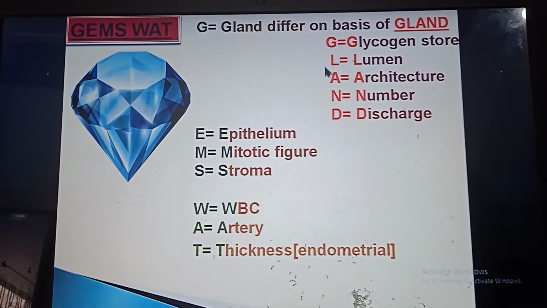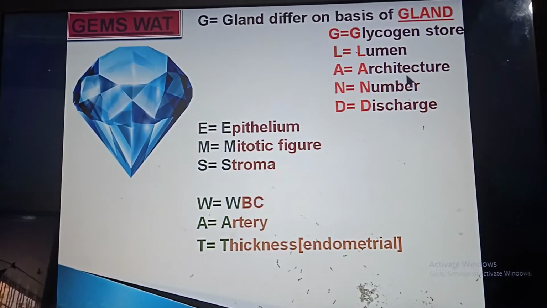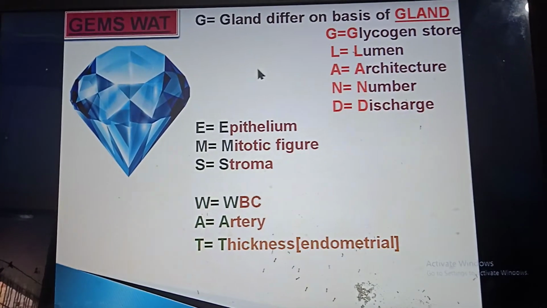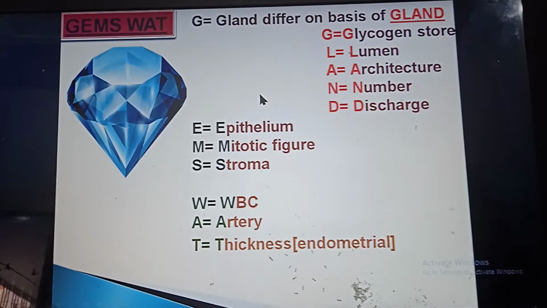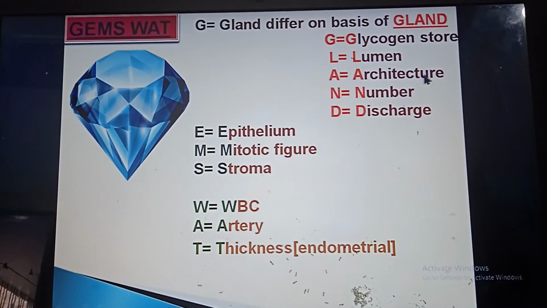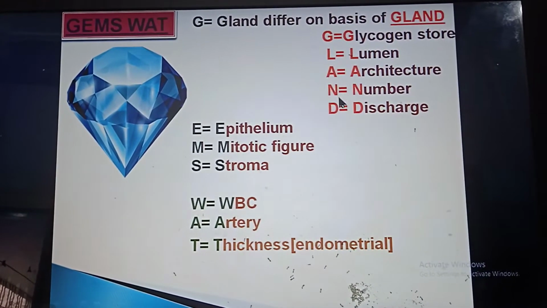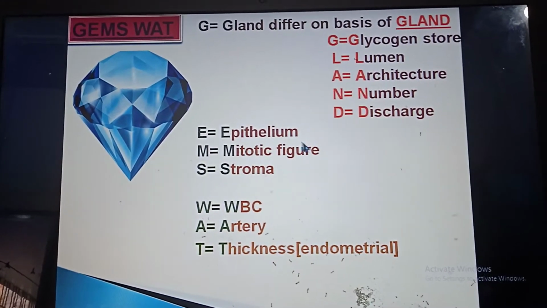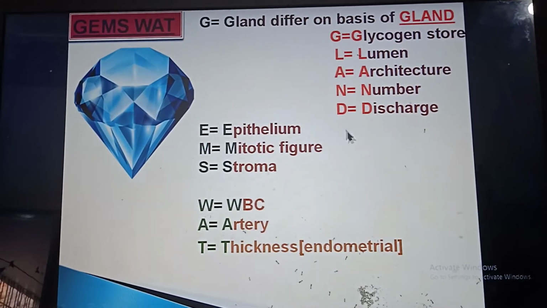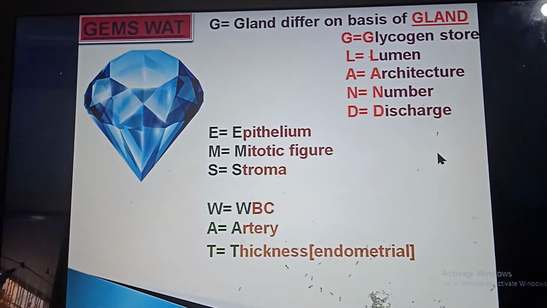The architecture in the secretory phase is a tortuous step ladder pattern, and in the proliferative phase it is simple tubular. The number will be more in the secretory. Everything will be more in secretory except mitotic figure. And discharge, as its name says, secretory phase, so more secretion, more discharge.